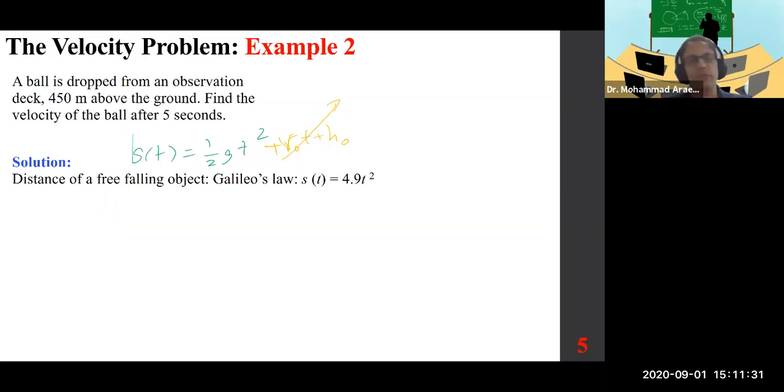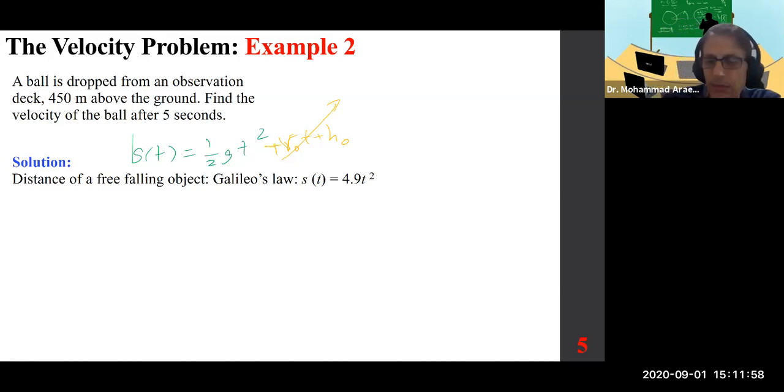All right, so as you can see, we are interested in finding the velocity at a specific point. And remember, it's very simple. Change in distance over change in time. Okay, delta S over delta T.